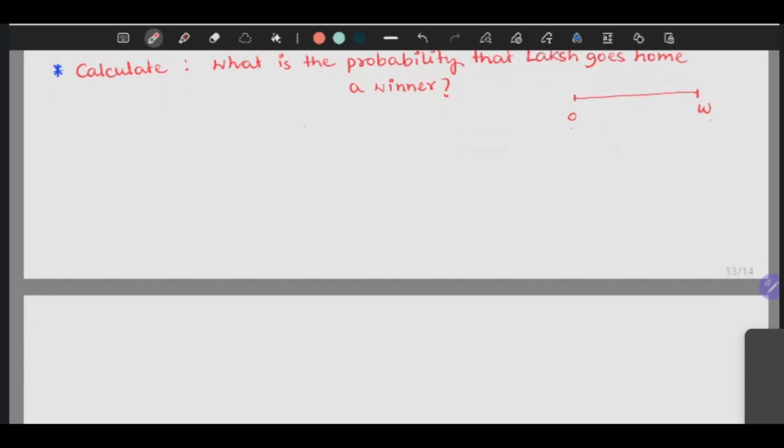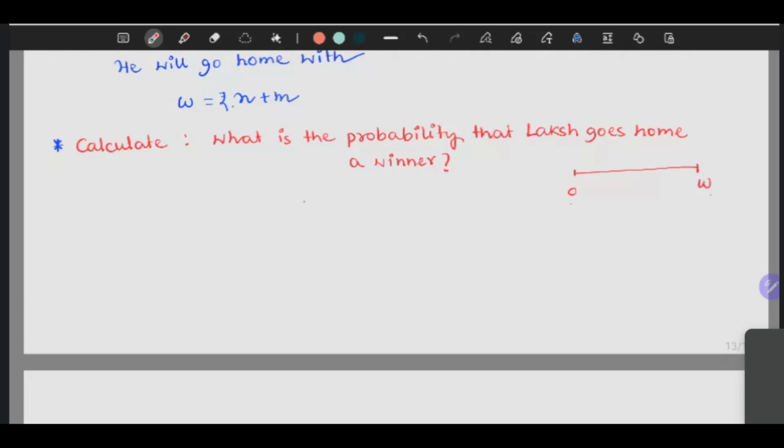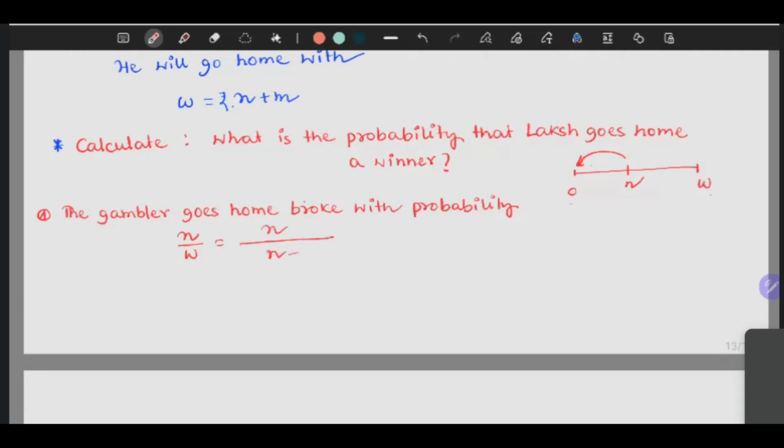So if you check this, the gambler goes home broke with a probability, if you are starting with n, this is n by W. What is W? W is n plus m, so this is n plus m.